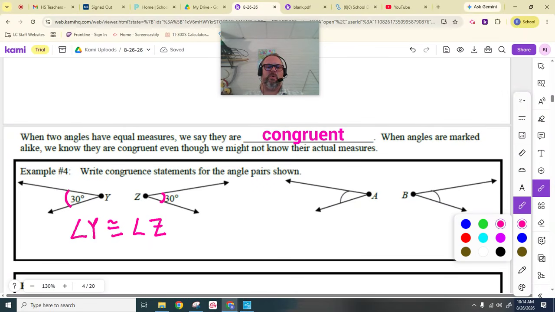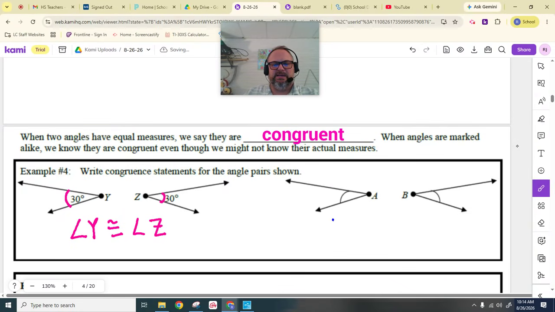So we would say angle Y is congruent to angle Z. Likewise, we would say angle A is congruent to angle B. Now, even though we might not be using it super quick in class, all this stuff has a meaning and there's a reason why we're learning it.